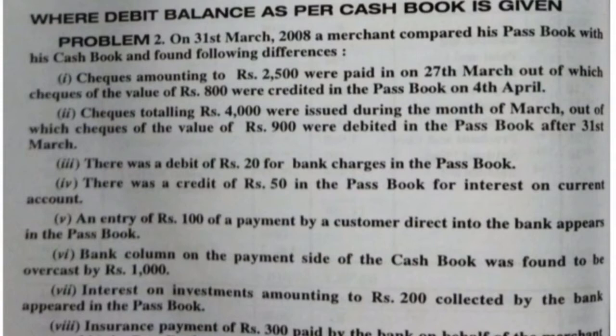The first difference is checks amounting to rupees 2500 were paid in on 27th March, out of which checks of value rupees 800 were credited in the passbook on 4th April. At the end of the question, they have given the cash book disclosed a debit balance of 7,579 as on 31st March. So it is a favorable balance.